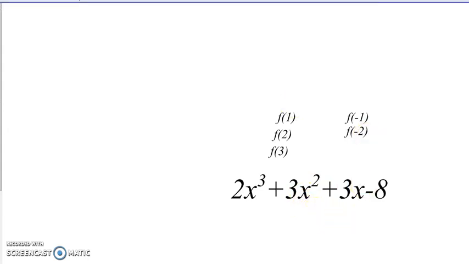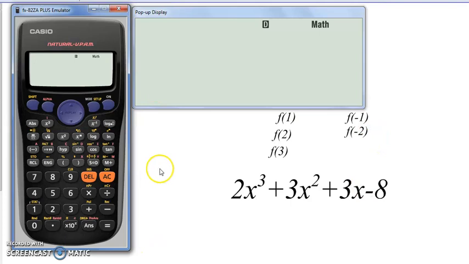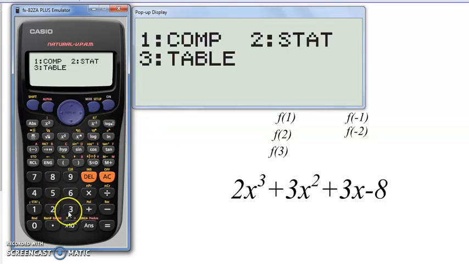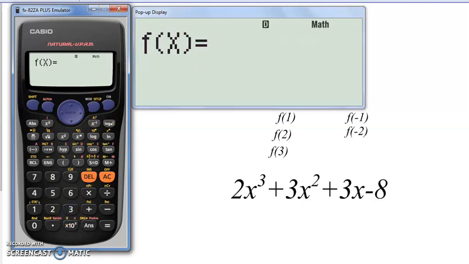We can use our calculator to minimize the time that we spend to calculate that very first factor, because to calculate the others then becomes relatively easy. So firstly we go to the calculator and we select the table method. This opens my alphanumeric keys to type in a function.